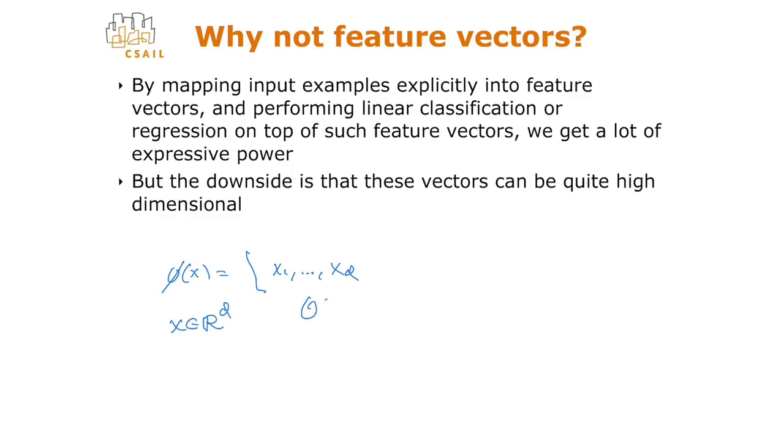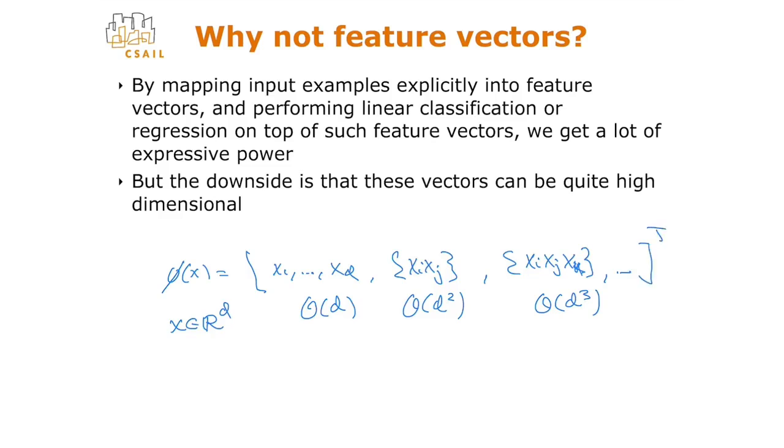We get order d features from that. If we add all second order features, we will add all feature products, and there are d squared such features, on the order of d squared. We add all third order features as well. We get three-way products of all the coordinates, and we get d cubed features and so on.